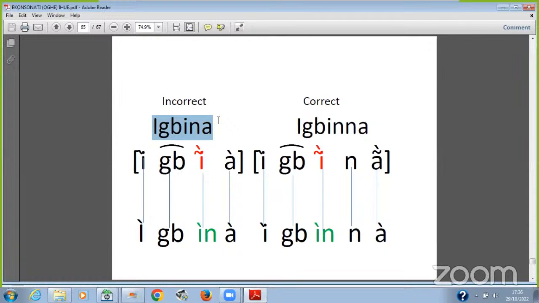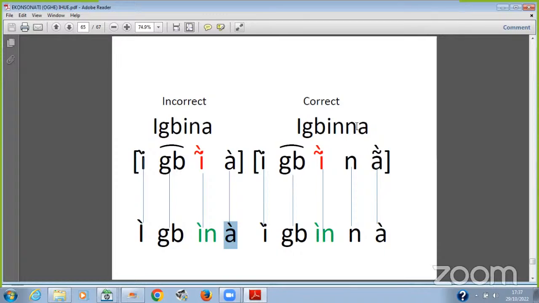But in actual sense, when you pronounce it following the one sound, one letter representation, you will have Igbia, which is not Edo at all, because this sound is represented by the letter I. This B is represented by the digraph GB, and then this E is represented by the digraph IN, whereas the letter and the sound R here is represented by the letter A. So when you pronounce it, it's Igbia.